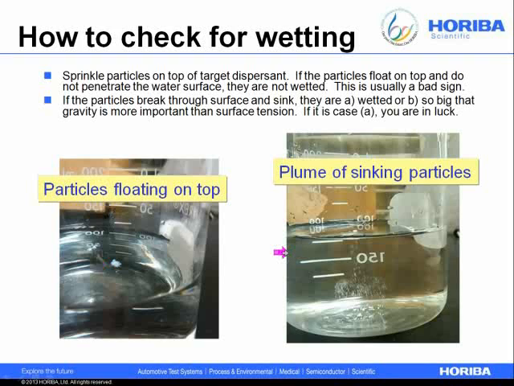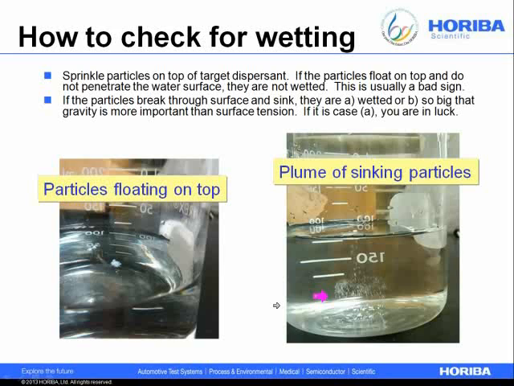I took a second beaker, and I put in water with 0.1 weight percent TSPP, tetrasodium pyrophosphate, and I sprinkled a few particles on, and the particles formed this plume, and you can see they just start sinking down and spreading out through the liquid. That made me feel quite good, and I said, okay, now I know how to wet the particles, and so I am partially on the way to really getting a good measurement.